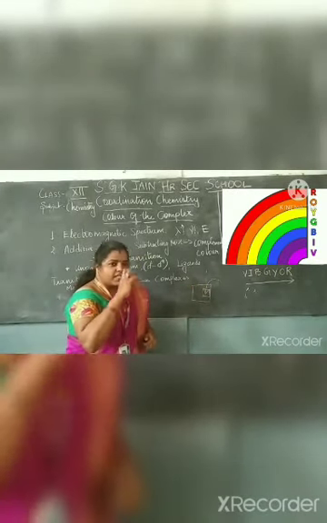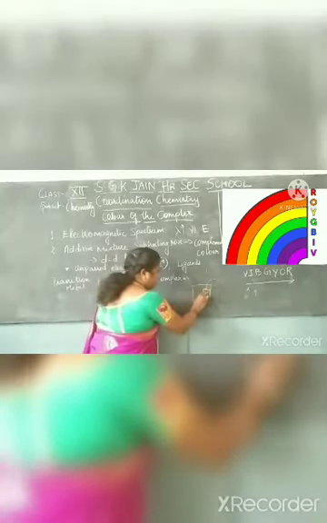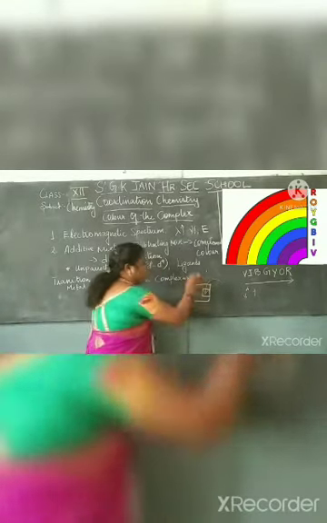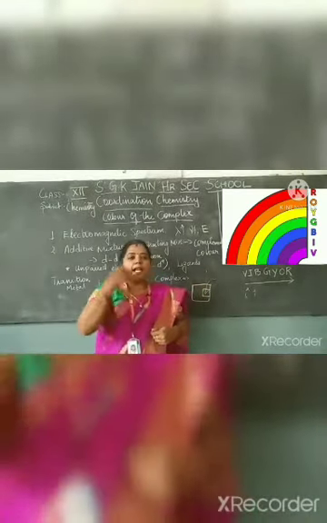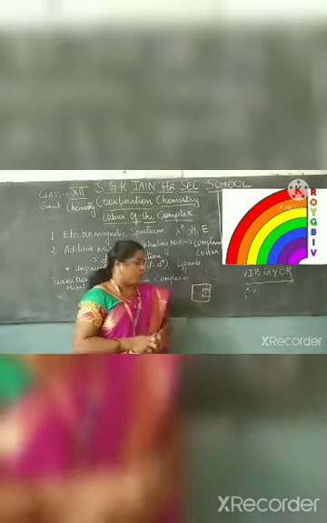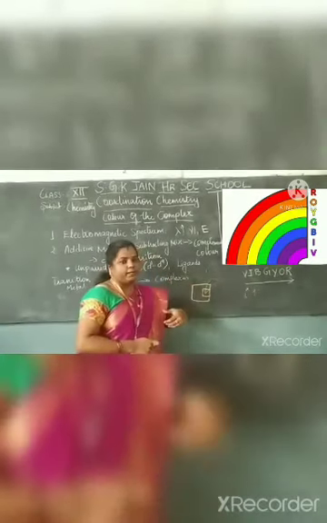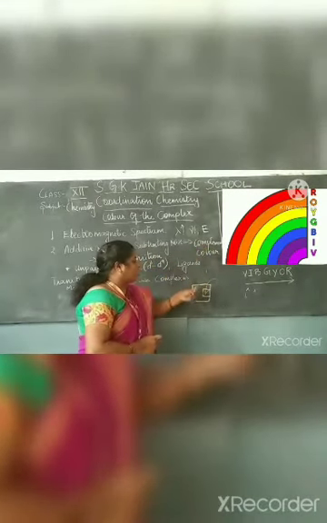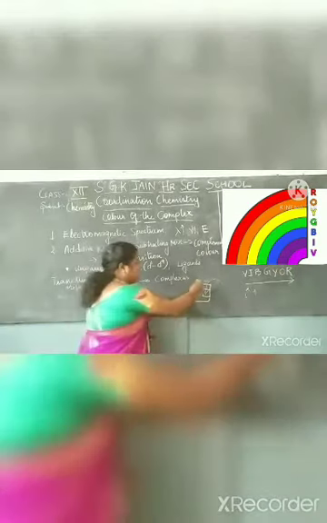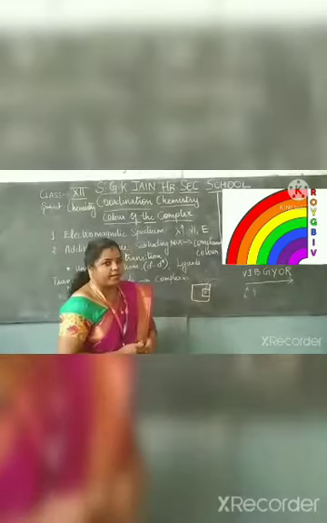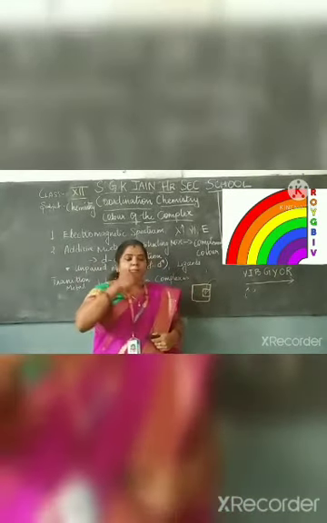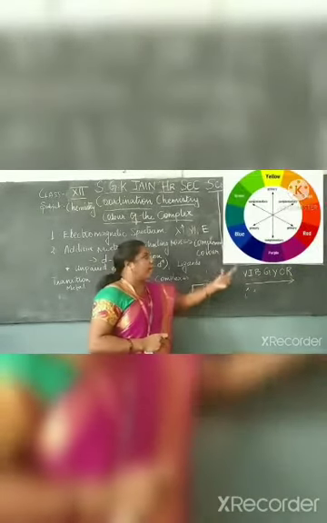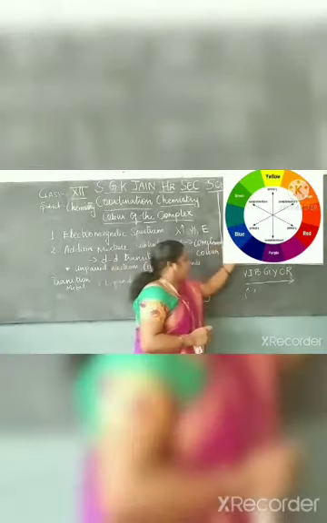That is called the subtractive mixture, and the remaining color is called the complementary color. One color is absorbed but we see the other color. We can explain this with the example of the color wheel. Let us see the color wheel.